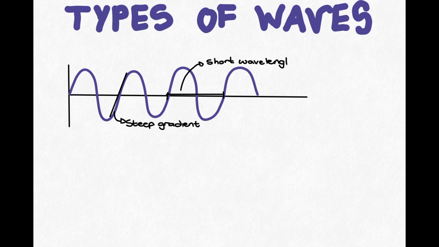It also has a high height and a high frequency wave rate. So the wave rate of this type of wave is usually between 10 and 12 waves per minute, meaning that this wave has a high energy.